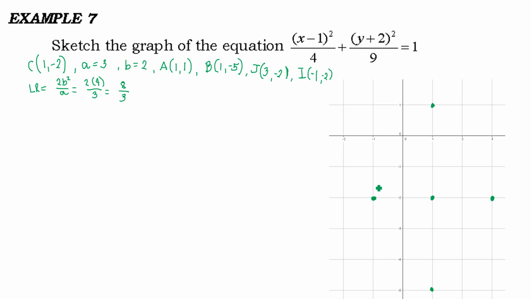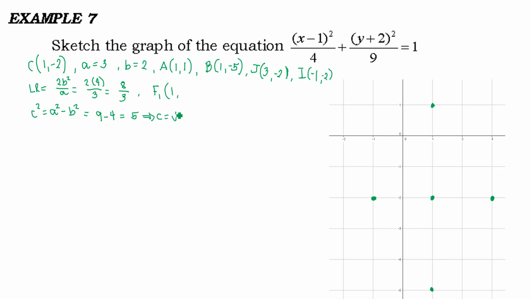Now, let's get the focus. So, for the focus F1, dito, kasi patayo siya, we are just going to copy the x coordinates of the center, 1. By the way, we are going to compute the c. So, c squared is equal to a squared minus b squared, which is equal to 9 minus 4 equals 5. Therefore, c is square root of 5.